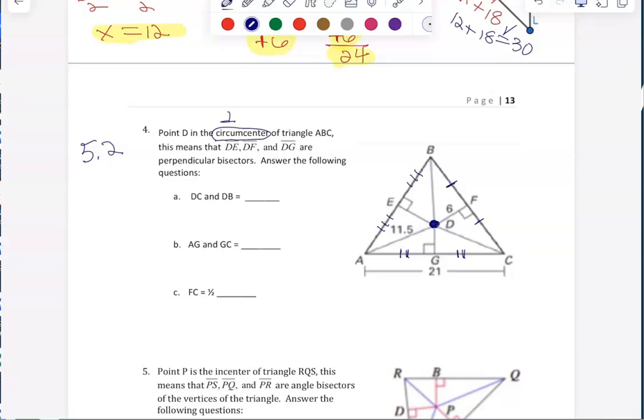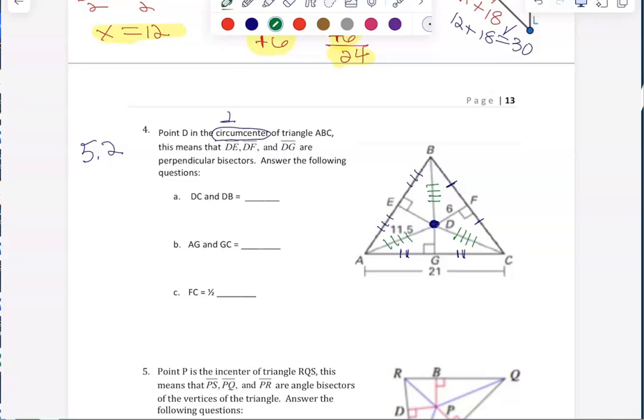Number one in our book for right now is that connecting from the circumcenter to the vertex, right here, that's going to be the same as this, and that's going to be the same as that. That's the piece we have to know.